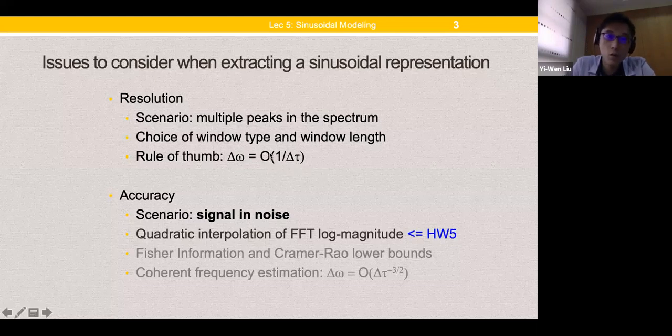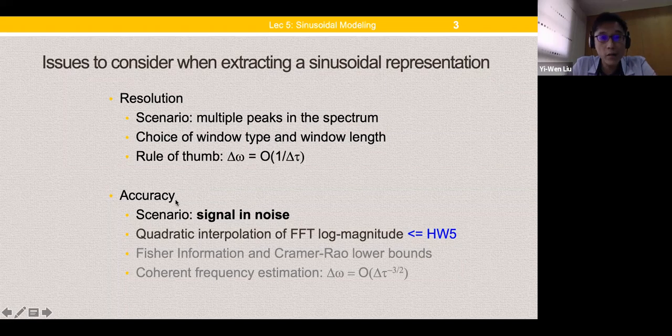O denotes order. The minimal distance in frequency that you can separate is basically 1 over the length of the window, in that order, sometimes 2 times that or 4 times that, depending on the type of window. So that's the general rule of thumb: resolution in frequency is inversely proportional to the length of the window.